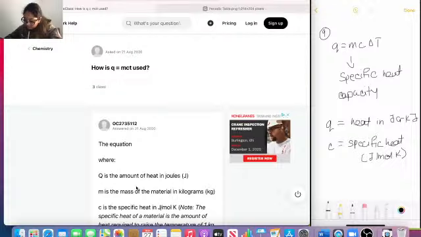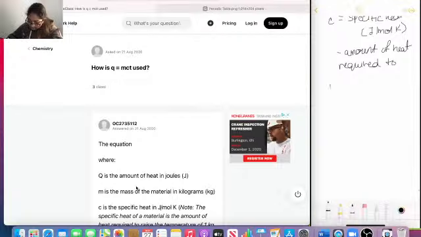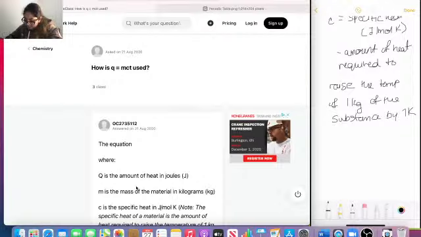Okay, and so to be specific, the specific heat of a material is the amount of heat required to raise the temperature of 1 kilogram of the substance by 1 Kelvin, basically.